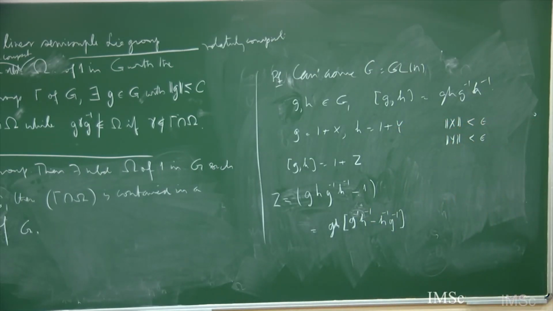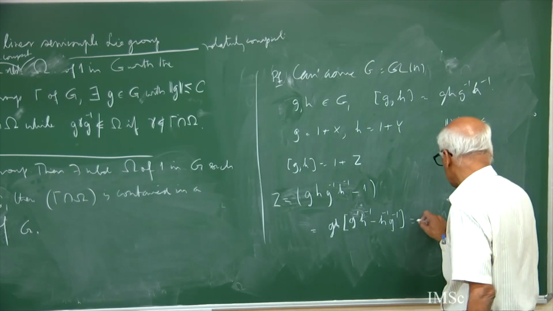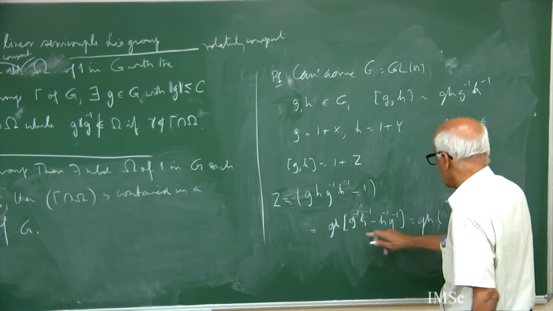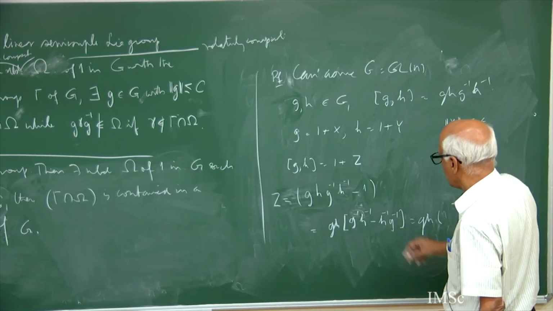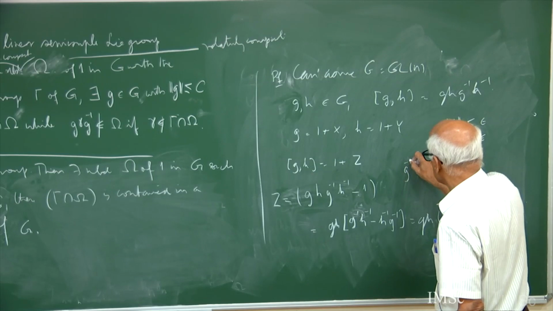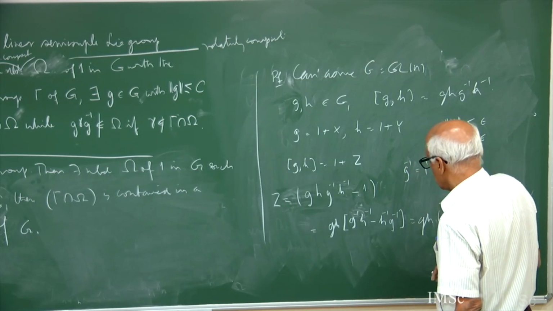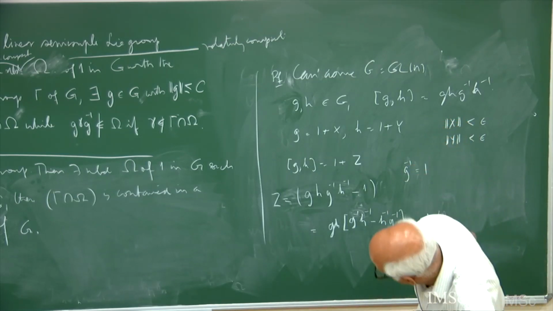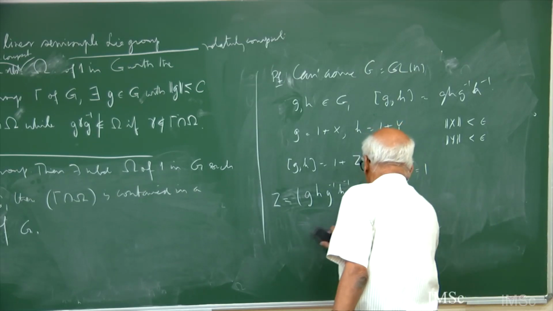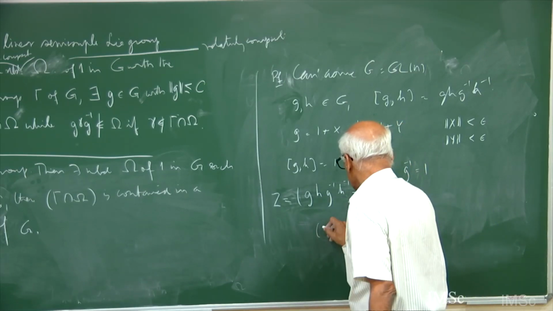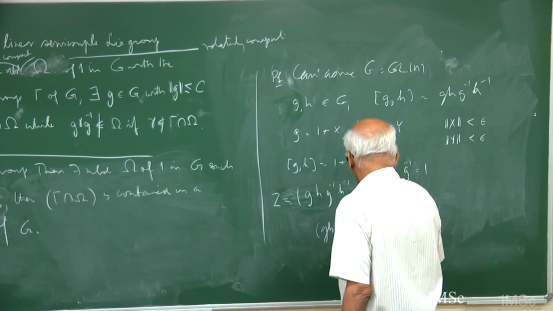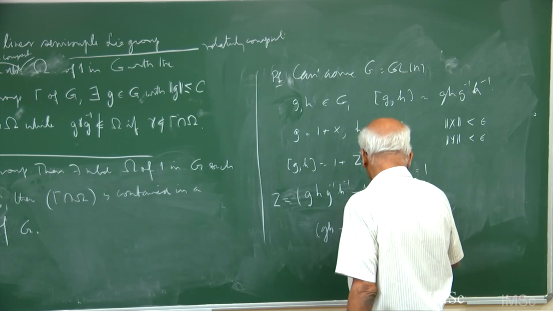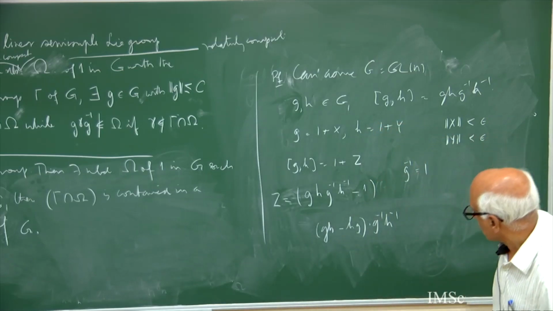Okay. That's equal to G H, I'll keep it as such, G inverse H inverse G inverse. Maybe I'll keep it the other way around. Let me write, sorry, I'll write this as G H minus H G into G inverse H inverse. Write Z like this.